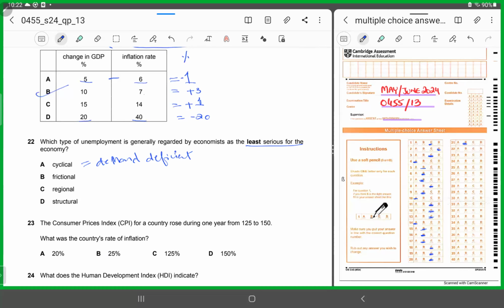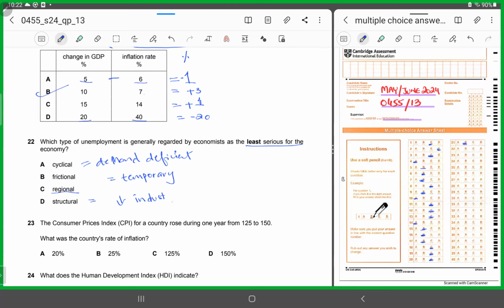Why? Because frictional unemployment is temporary unemployment, right? It's temporary unemployment arising from workers being in between jobs. Regional unemployment is actually a type of structural unemployment only. And what is structural unemployment? Structural unemployment is unemployment which is caused by a decline of certain industries, right?